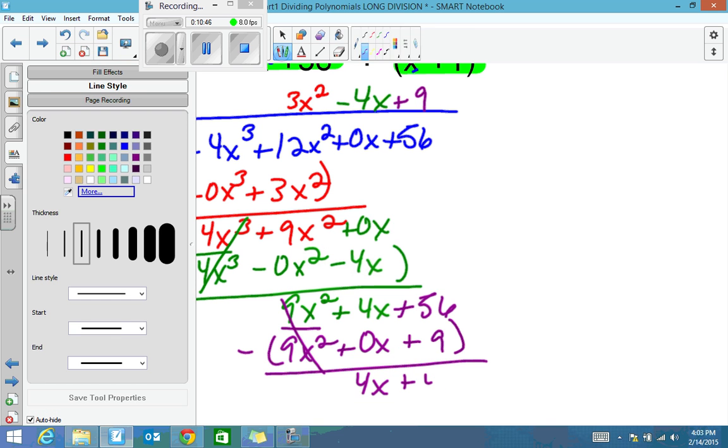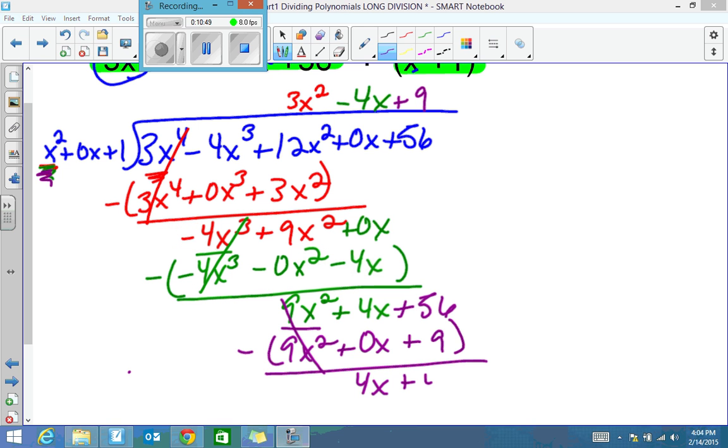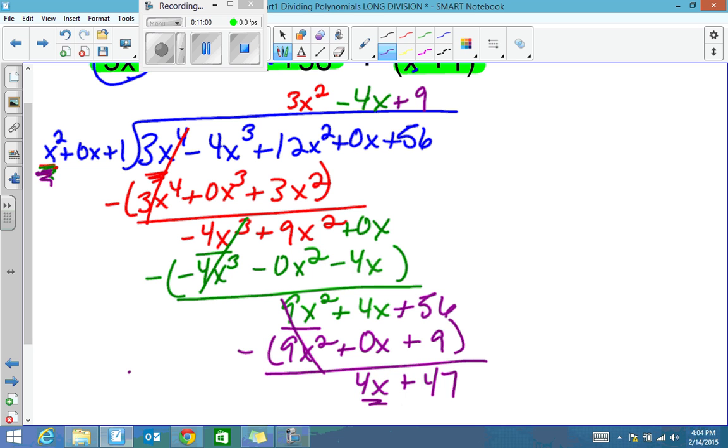Oops, sorry about that. Gives us 47. And again, now our divisor, this x squared, is a higher power than that x. So we can't go any further. There's nothing we can multiply x squared by to get x. So we're finished.